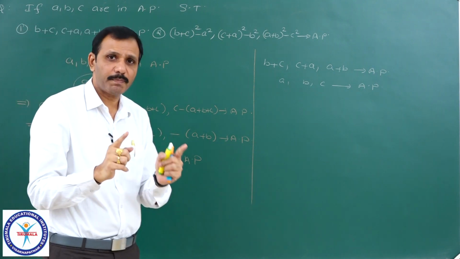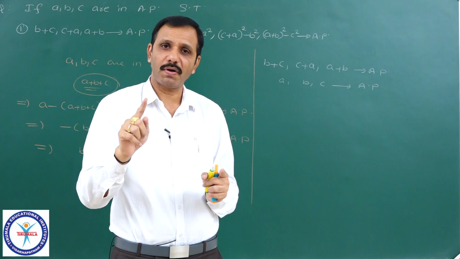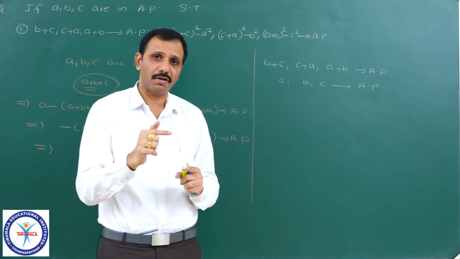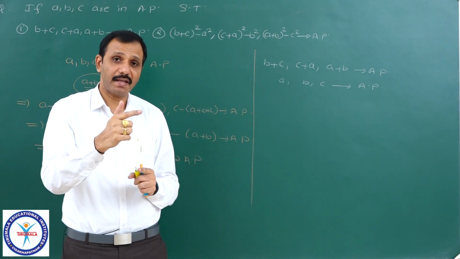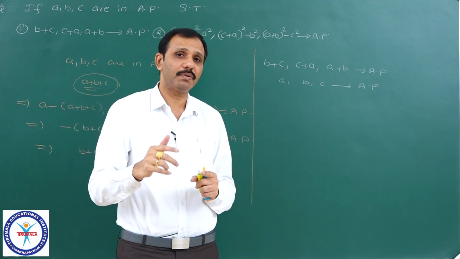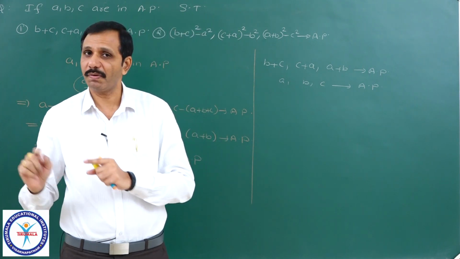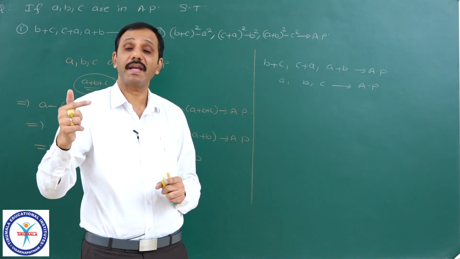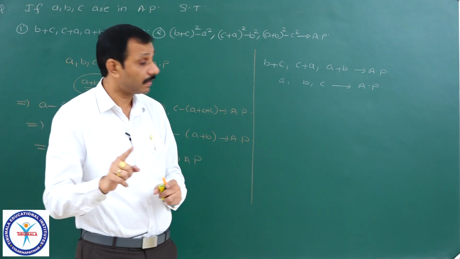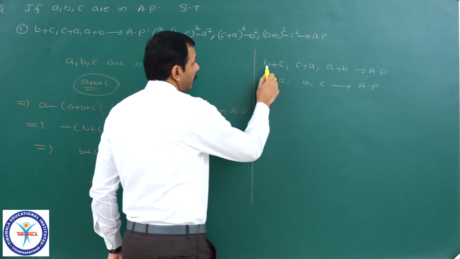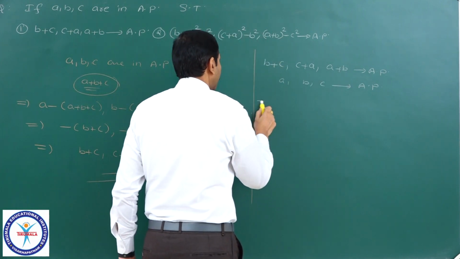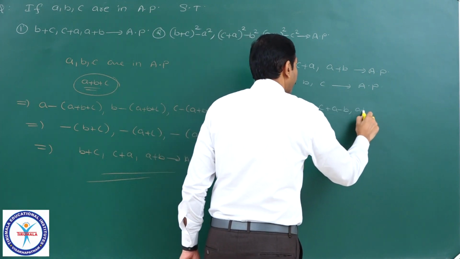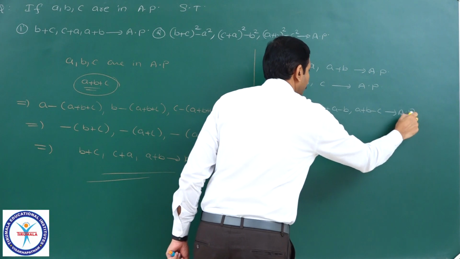If you take any two APs, A1, A2 and so on An, and B1, B2 and so on Bn, the addition of the terms A1 plus B1, A2 plus B2, A3 plus B3 and so on are in AP only. And the difference A1 minus B1, A2 minus B2 and so on, An minus Bn is also an AP only. That we have discussed. Therefore, because the sum is an AP and the difference is also an AP only, that implies B plus C minus A, C plus A minus B, A plus B minus C are also in AP only.